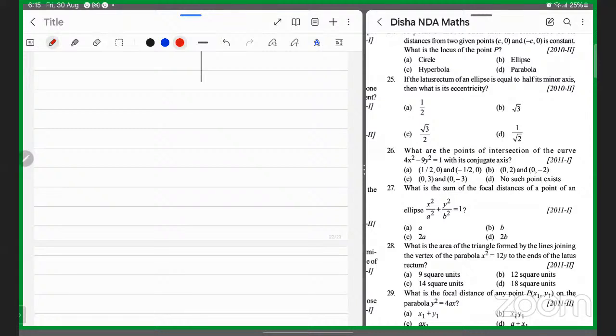So you have to find the b for the conjugate axis. x square upon 1 by 4 minus y square upon 1 by 9 is equal to 1. Any problem?